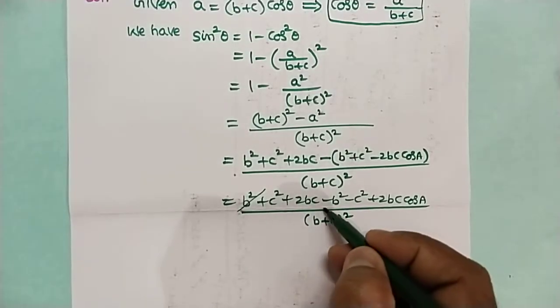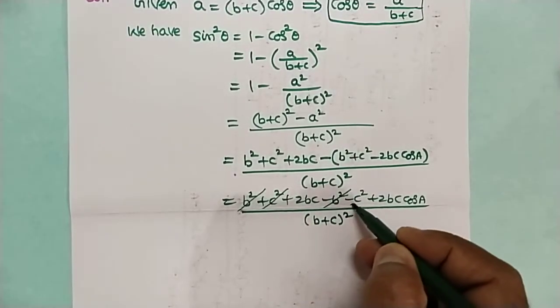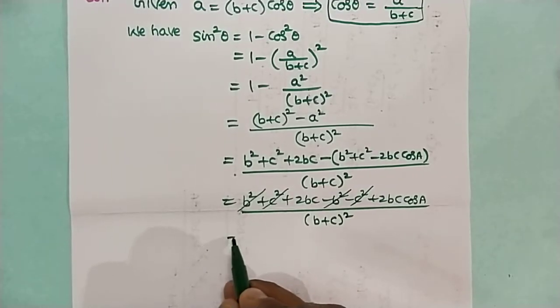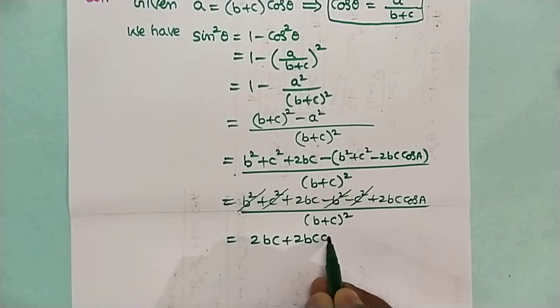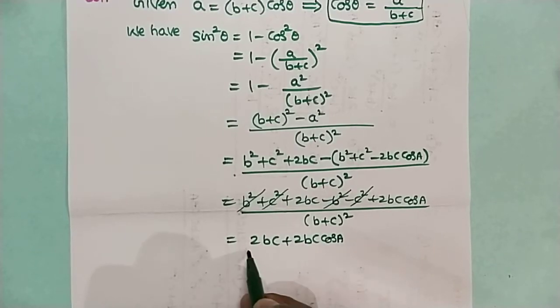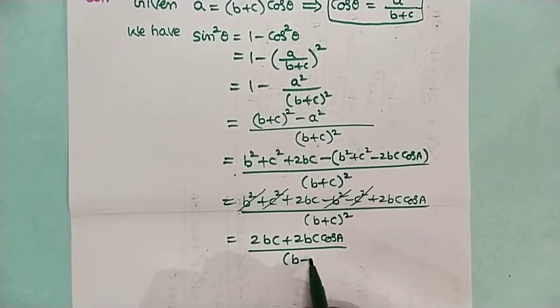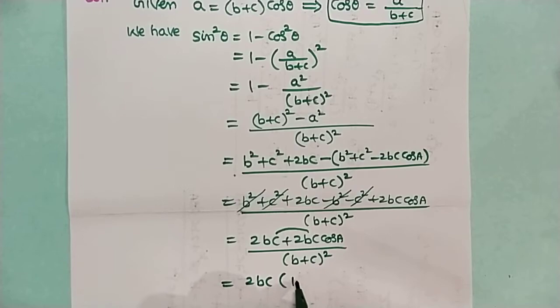The b square and c square terms cancel, which is equal to 2bc plus 2bc cos A, divided by (b plus c) whole square. So take common 2bc from here: 2bc into (1 plus cos A) divided by (b plus c) whole square.